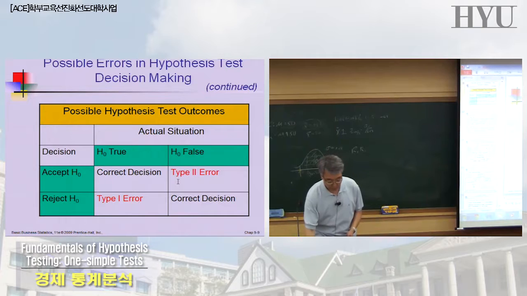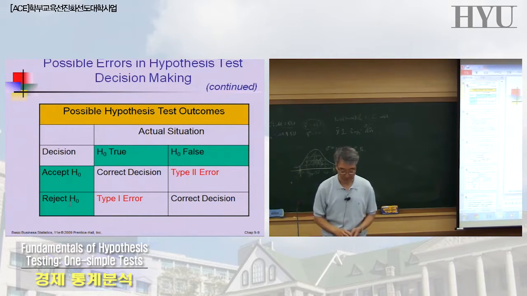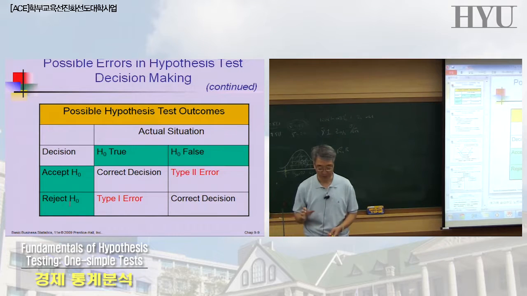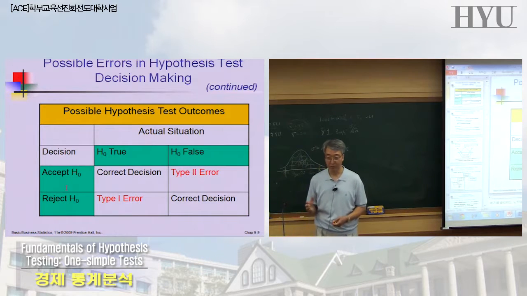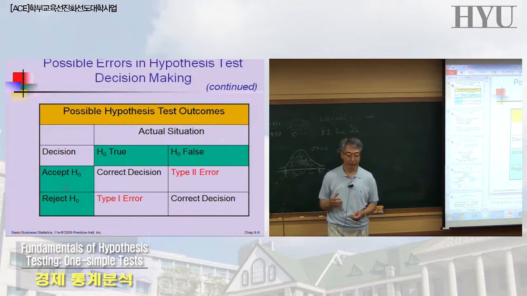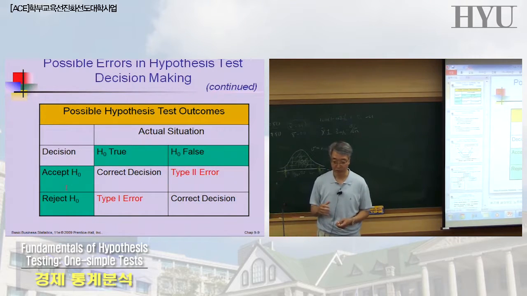And then the researcher, the person who runs the test, can make two decisions. Either the person can accept the null hypothesis or reject the null hypothesis. I told you never accept the null hypothesis, so this is the reason why. If the person didn't know that they should not accept the null hypothesis, then in the normal situation, depending on whether the person finds sufficient evidence or not, you would be inclined to accept or reject the null hypothesis.